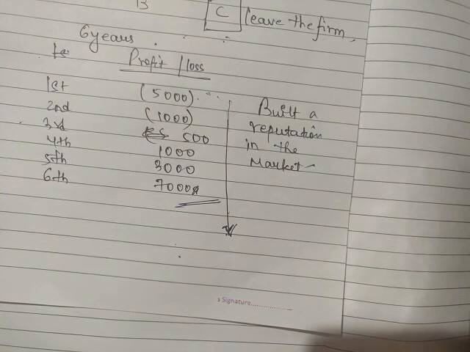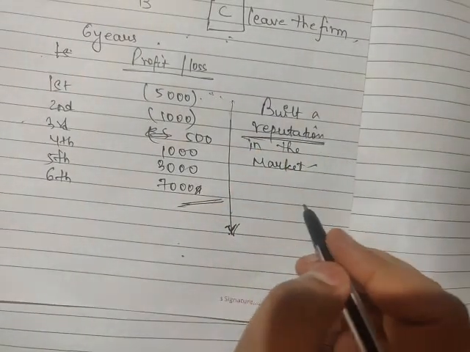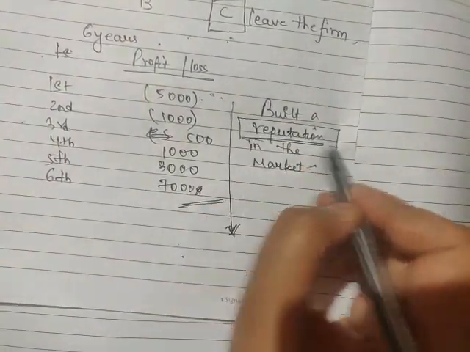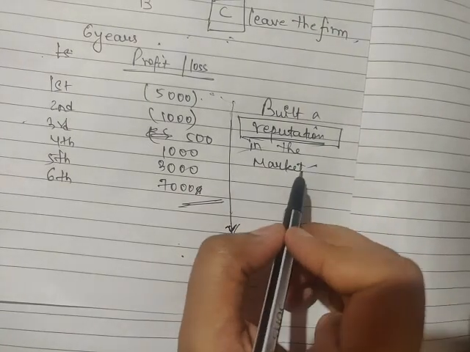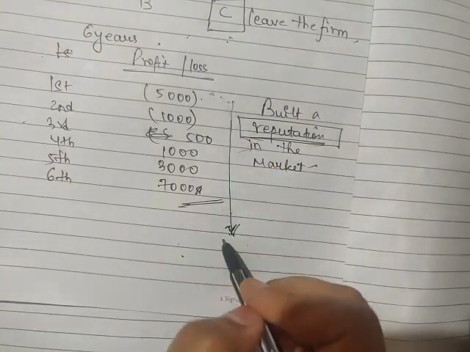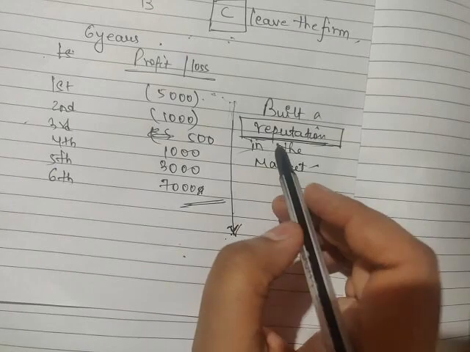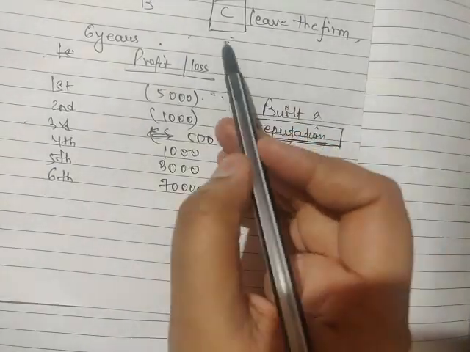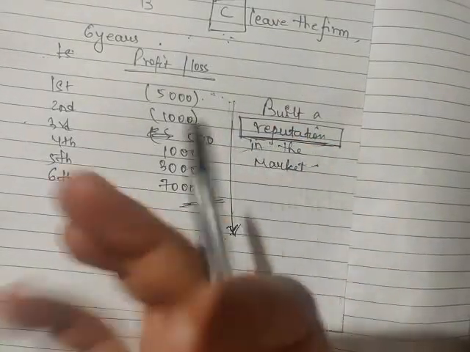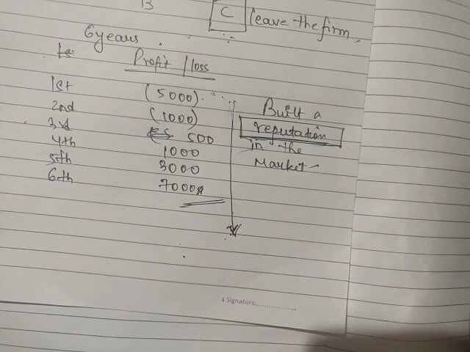But the future profits, a portion of it is attributable to this reputation in which C has helped in building. The profits are increasing because there's a reputation which has been created. C had a role to play in building this reputation. So C deserves a portion.